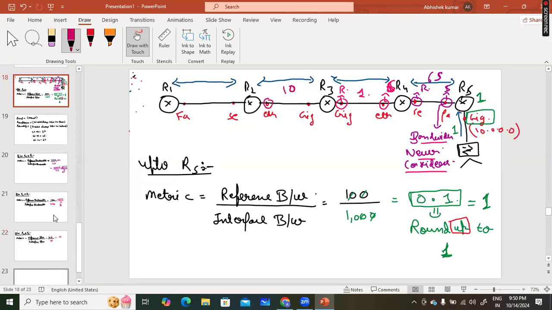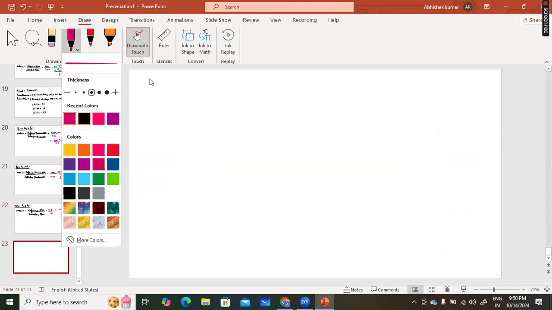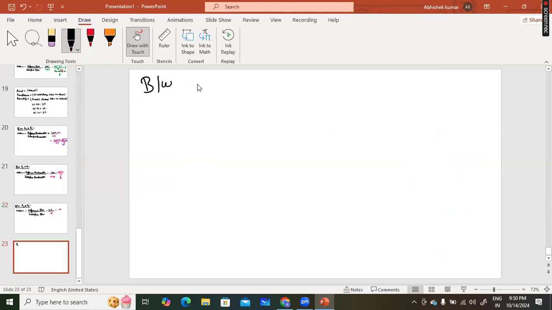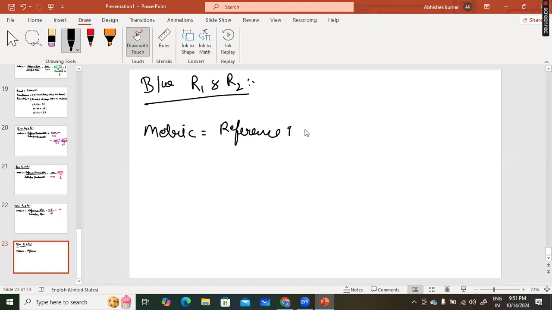Now, between R1 and R2, the metric is reference bandwidth upon interface bandwidth.